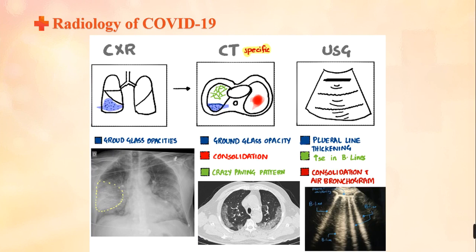So in those special cases, if they doubt, the doctors might ask you to do an X-ray, CT or USG. In an X-ray the doctors will notice the changes in your lungs. These are just a few examples only.